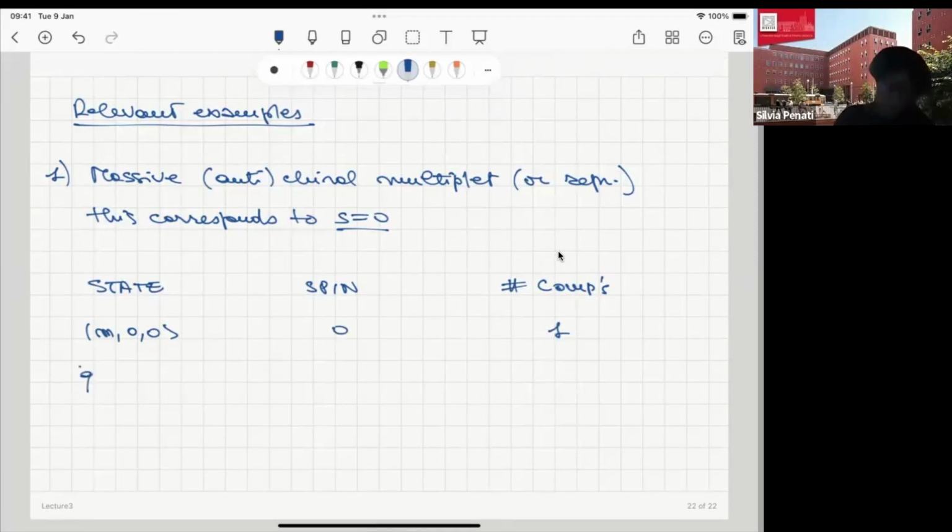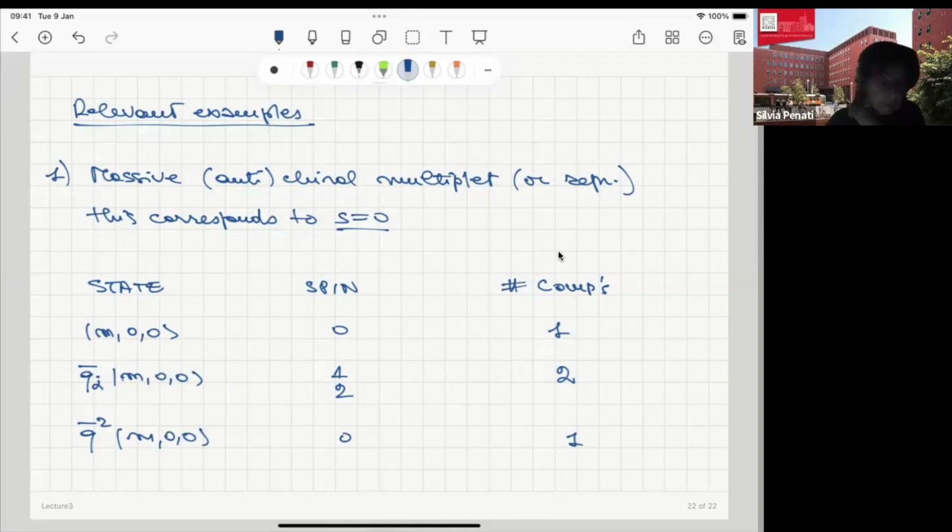Then when we apply q bar alpha dot, we get spin 1/2, and we have 2 components. And finally, when we apply q bar square, we are back to spin 0, and we have 1 component.